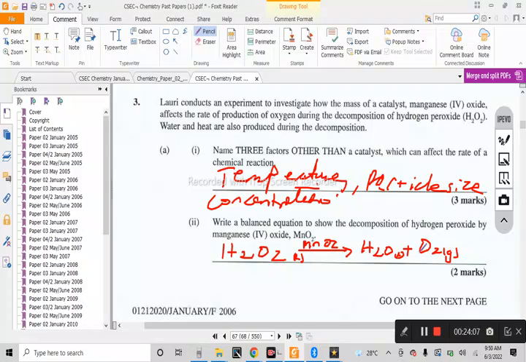No. This is when the hydrogen peroxide is acting as a reducing agent. You see, if you mark it as an oxidizing agent, it would have produced water and hydrogen gas instead. So there are two types of decomposition reactions for hydrogen peroxide. Because remember now, it is both an oxidizing agent and a reducing agent.